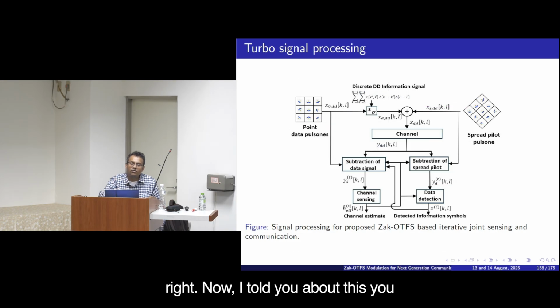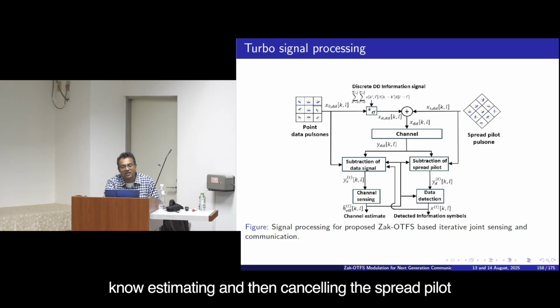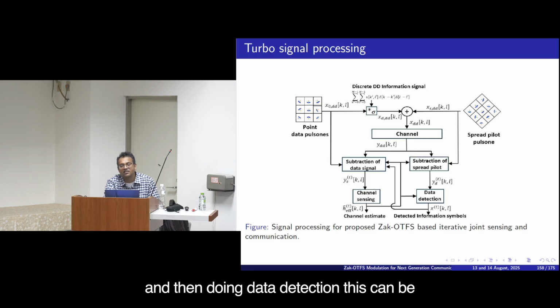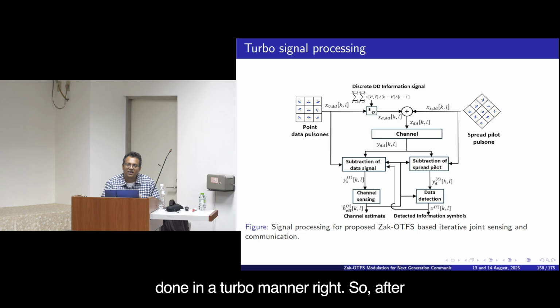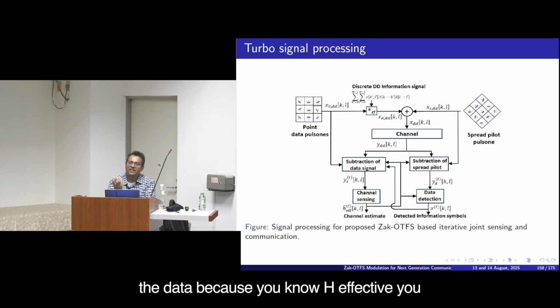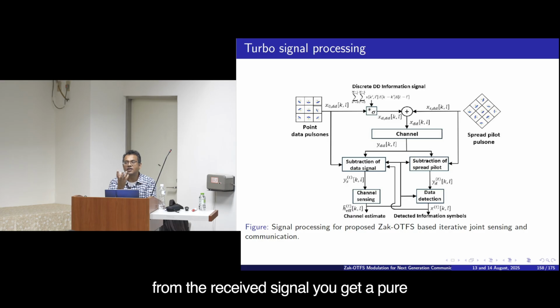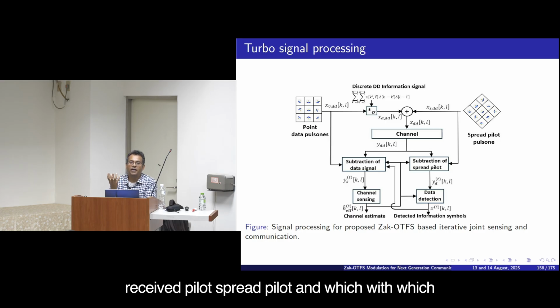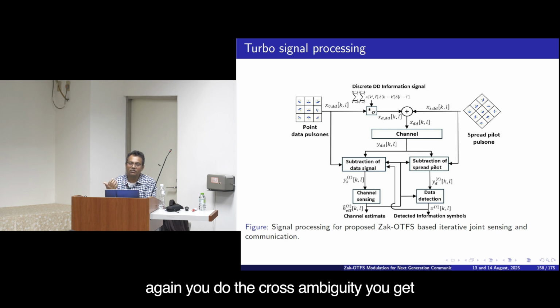Now I told you about this, estimating and then cancelling the spread pilot and then doing data detection. This can be done in a turbo manner. After you finish data detection, you get a good estimate of the data, and now you cancel the data because you know H effective, you know data also. You cancel the data from the received signal, you get a pure received spread pilot, with which again you do the cross ambiguity.